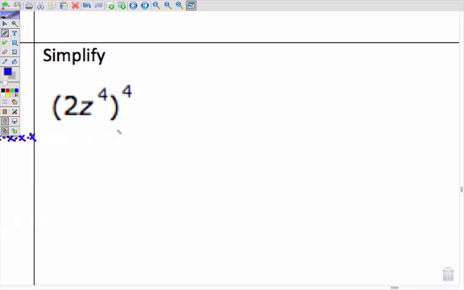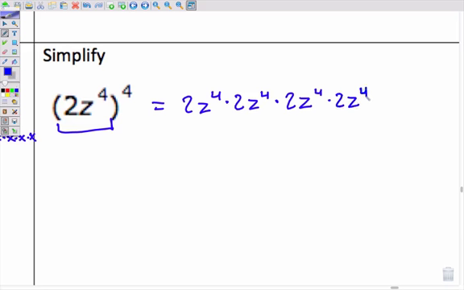And next, we've got a 2z to the 4th, and that whole thing is to the 4th. So I'm first going to take this part and write it out 4 times. And now I'm going to expand each one of these.